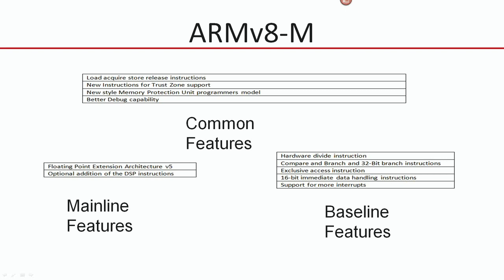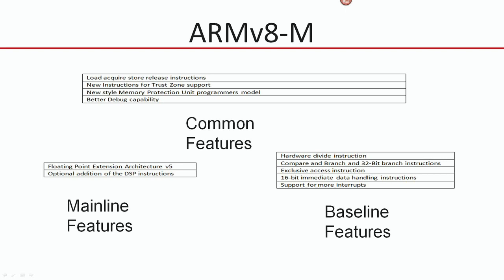In terms of the baseline features, we have an introduction of the hardware divide instruction, more advanced compare and branch instructions. Interestingly, we've also added the exclusive access instructions. So this really is a step towards supporting multi-core architectures.